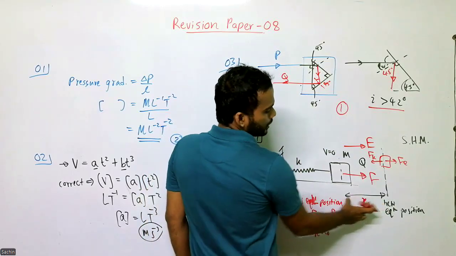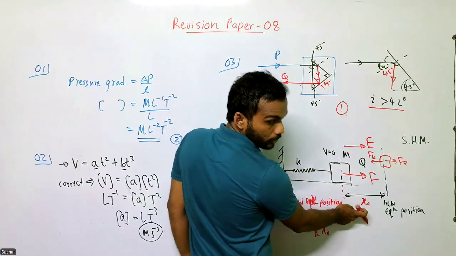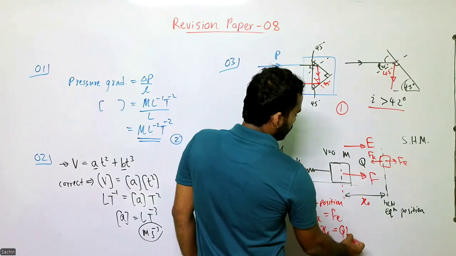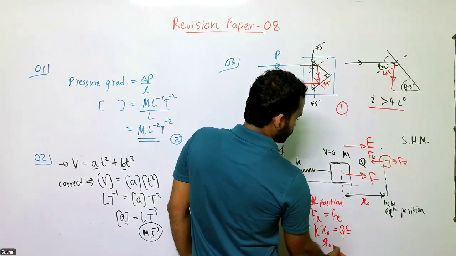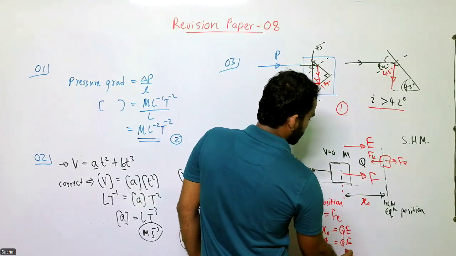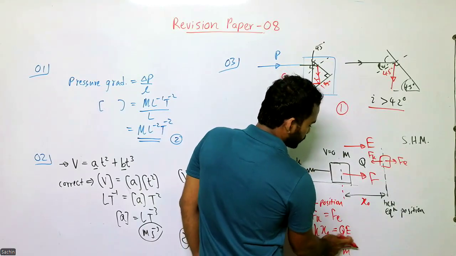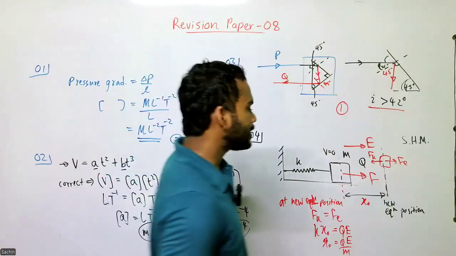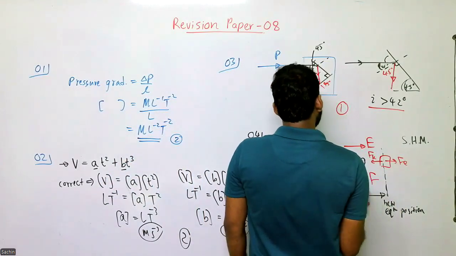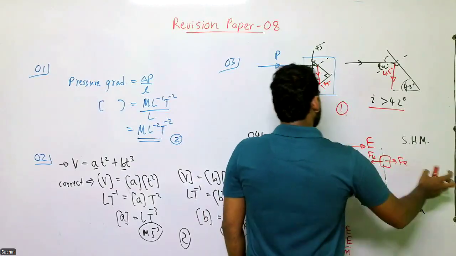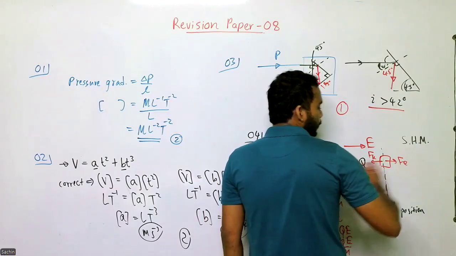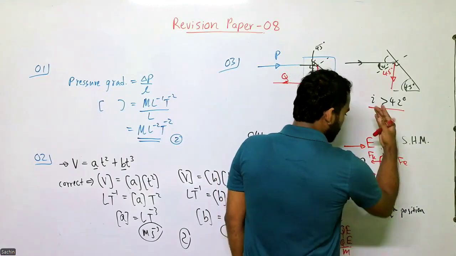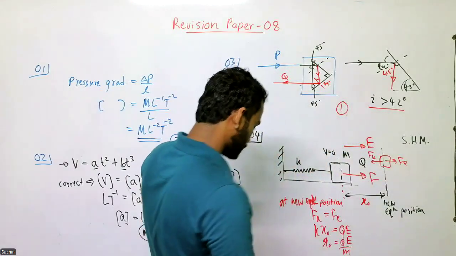At the equilibrium position I marked the elongation as x naught, so kx naught is equal to the electric force QE. Then x naught should be QE over k. Let's see why this is important. This is the new equilibrium point, and the object will perform a simple harmonic motion about this point, to both sides of this position.